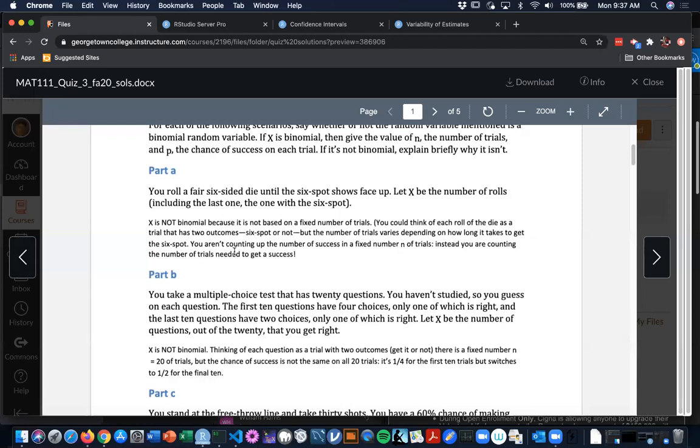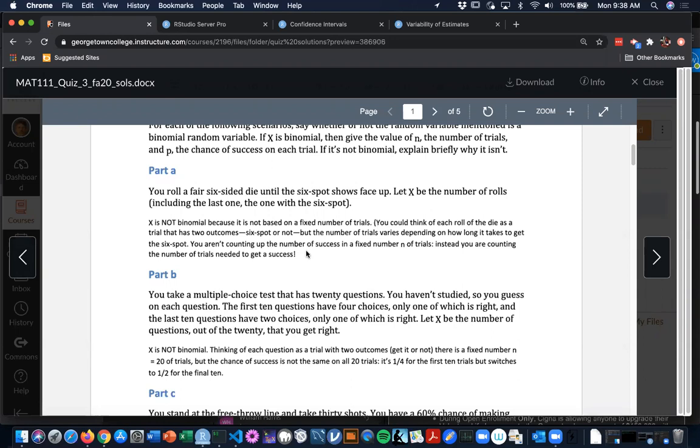Now, some people said it's not binomial because there's not just two outcomes for a trial. There's six sides to the die, so there's six possible things that could come up. That's not actually the case, because if you're waiting for a sixth spot to show up, then on each trial you either have success, you get a sixth spot, or failure, you don't.